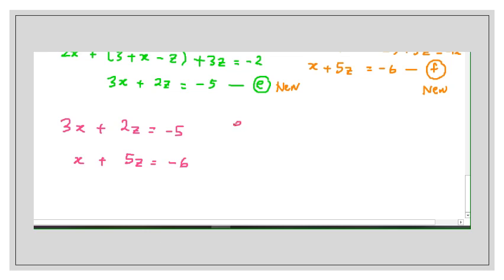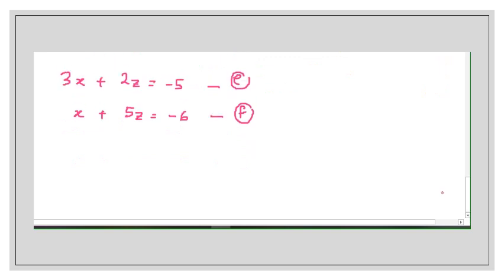Okay, this is E, this is F. Based on these two equations, we want to use the substitution method to solve, what you have learned in lower form and in modern maths.